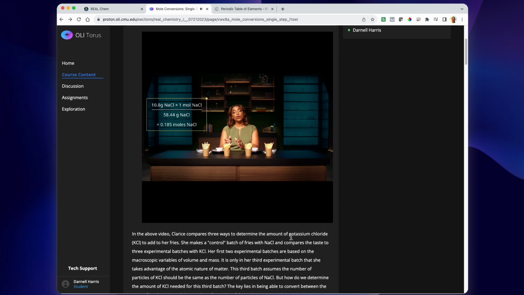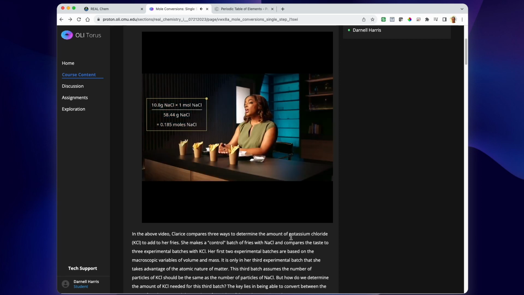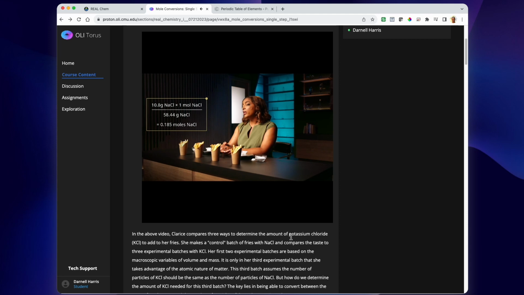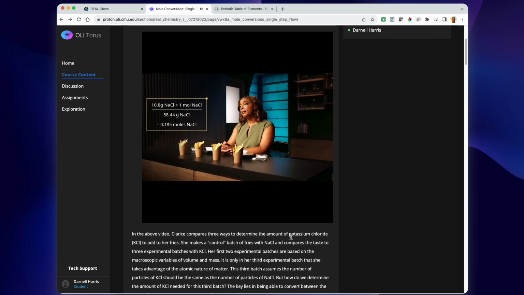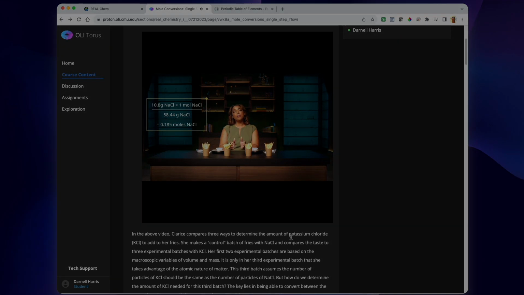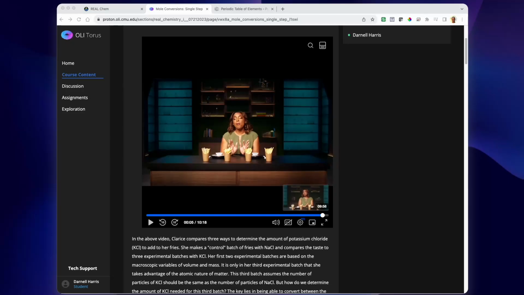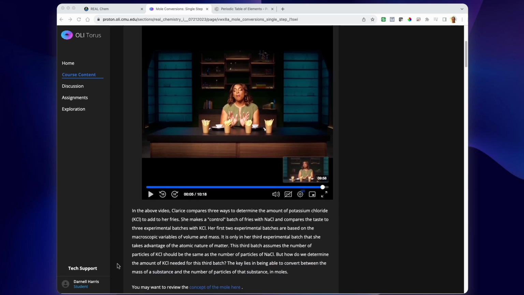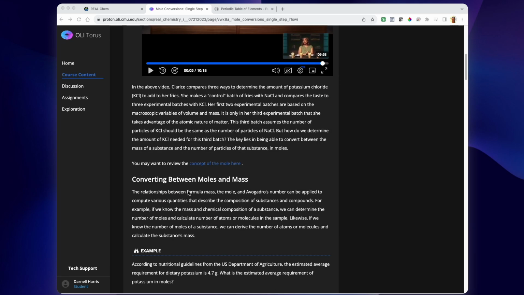I usually have to hunt around YouTube to find this kind of thing. Giving us 0.185 moles sodium chloride. Similarly, we can calculate the moles of potassium chloride. But I'm confused. In some places it says molar mass of sodium chloride, but in other places it says formula mass. Are they the same thing?